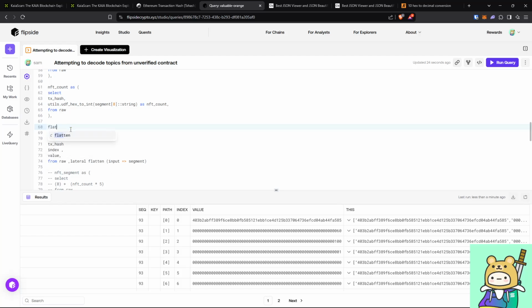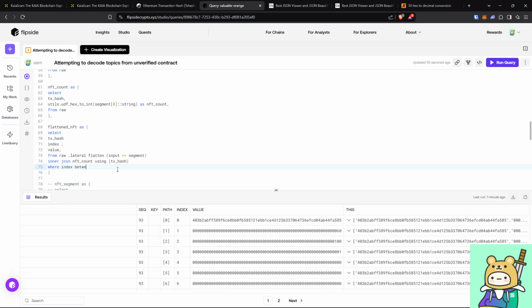So I'm flattening all of the value here, and I want to join with inner NFT count using here.